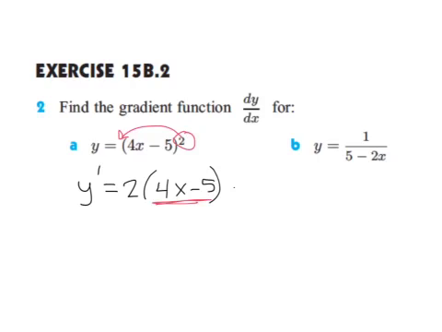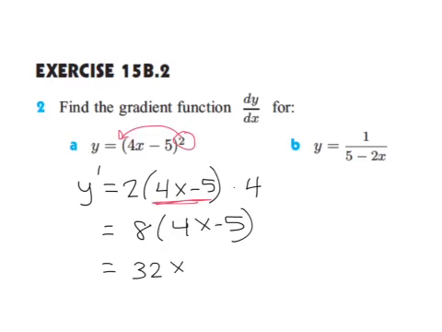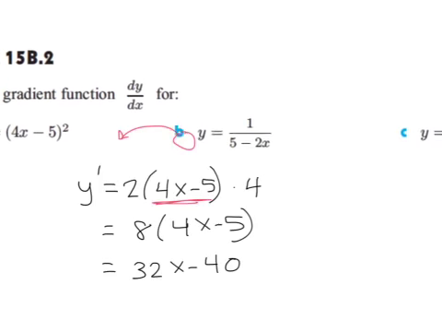The derivative of 4x minus 5 would be just 4. So we have 2 times 4, that's 8, and then 4x minus 5. I would normally accept this answer, but if you want to expand it, that's fine with me. 8 times 4, that's 32x minus 40. Let's move on to the next question.